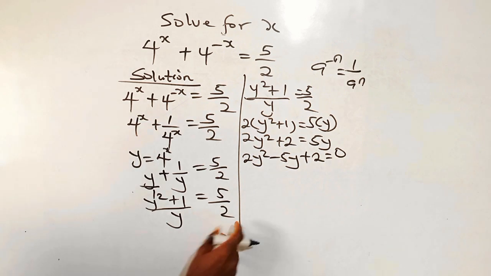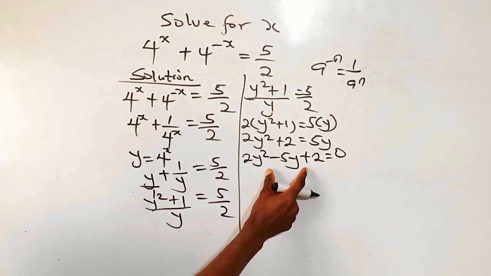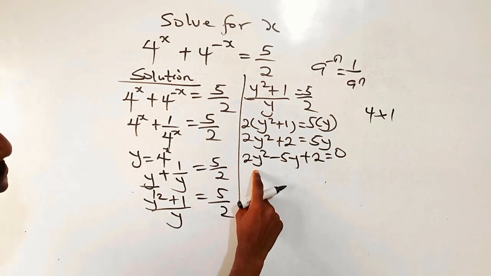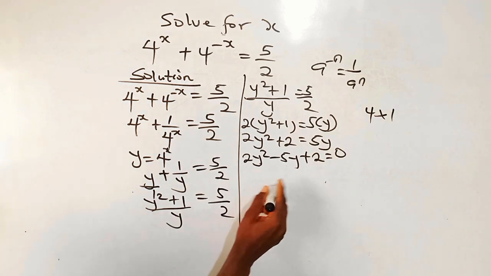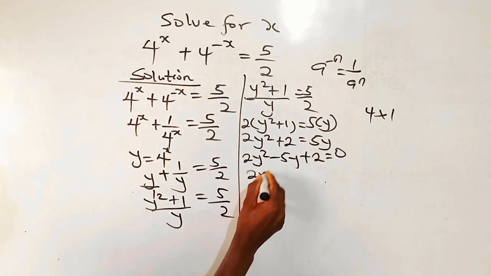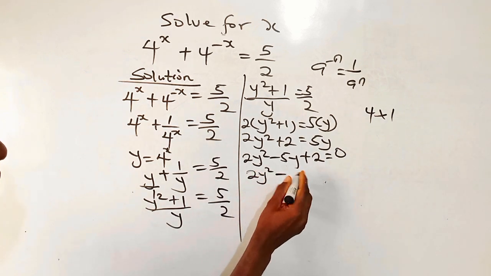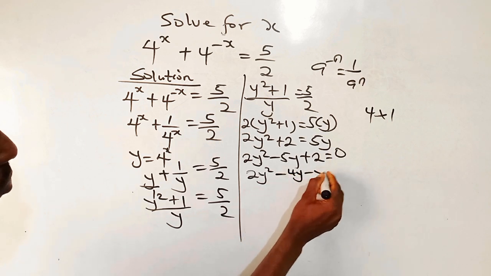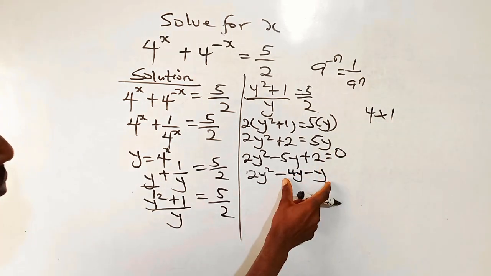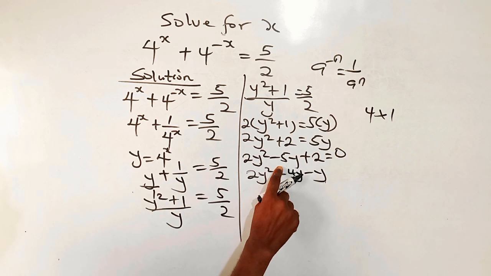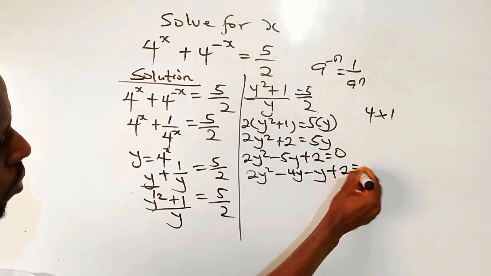From here now, we can use the factorization method. 2 times 2 is 4, so I can write this as 2y squared minus 4y minus y, since 4 times 1 is 4. Minus 4y minus y is minus 5y, plus 2 equals 0.